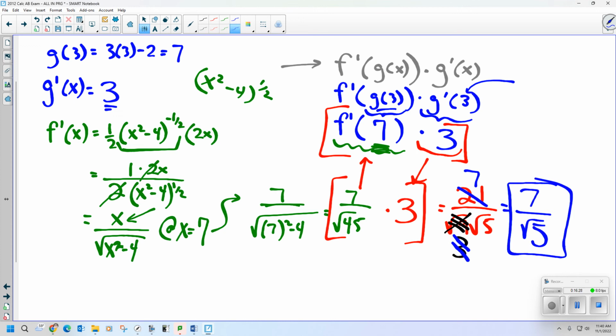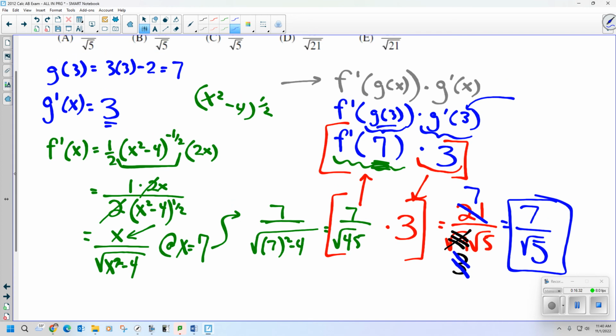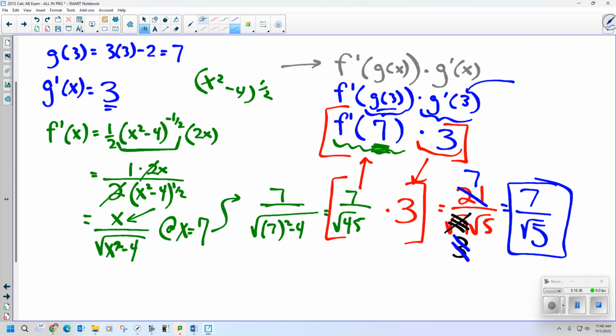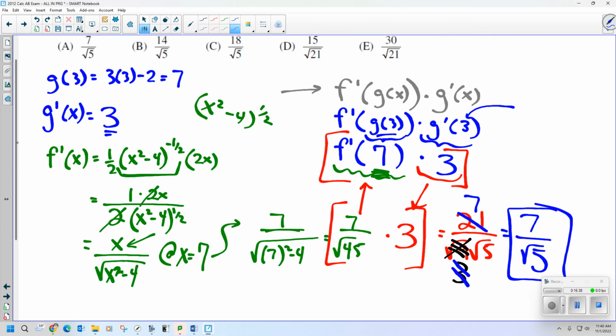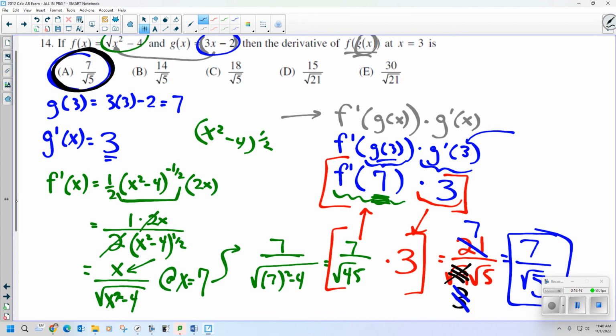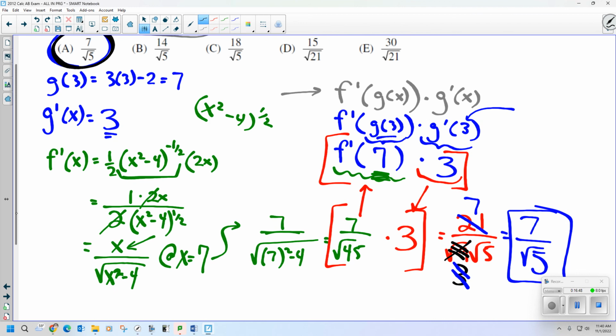Whew. That wasn't that bad. And you know what? It was actually a lot less work than doing it the other way. Okay, so it is 7 over the square root of 5 right there. Choice A. Woo! Look at us flex our muscles without the calculator. That's right.